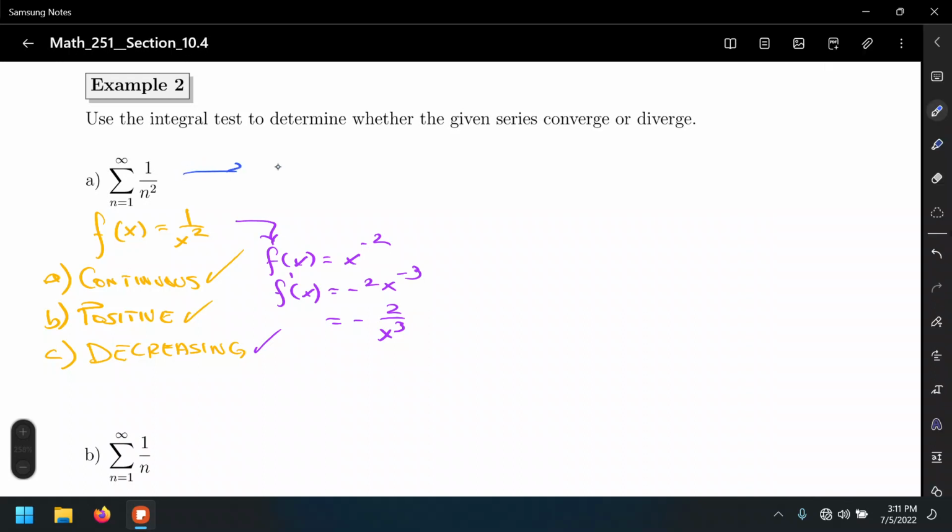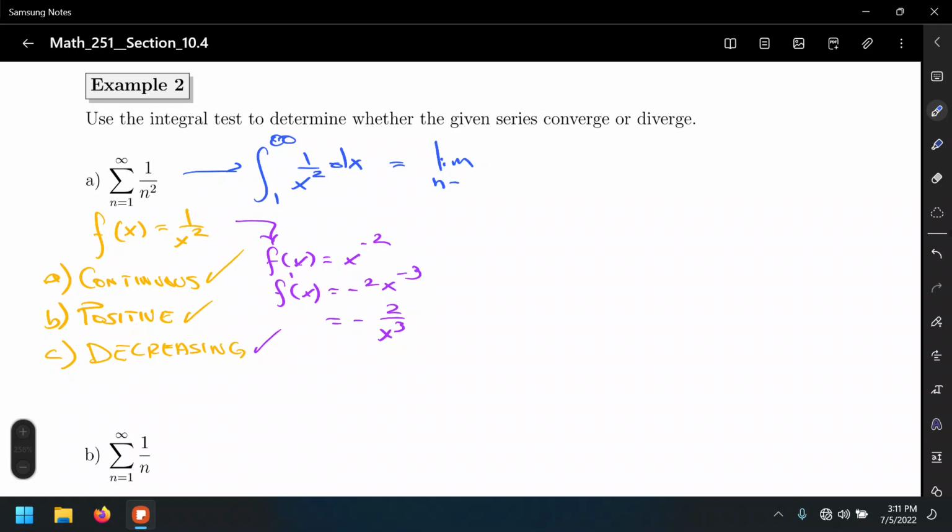All right, so the integral from 1 to infinity, and the limits of integration are going to be the same ones as from the infinite series, from 1 to infinity. So that's 1 over x squared dx. And well, recall that to integrate this one, we need to rewrite this in terms of a limit problem.